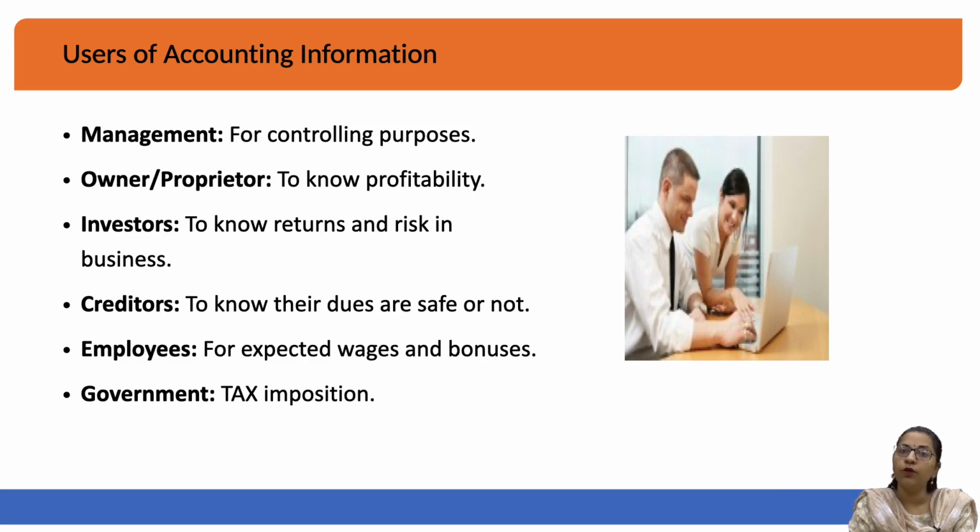So it is only a profitable company where the taxation will arise. So the government will be interested in a company to understand the financial results through its accounting data. So these are the users of accounting information who will be interested in your accounting results, in your accounting data.